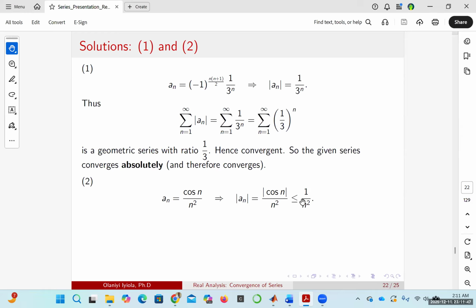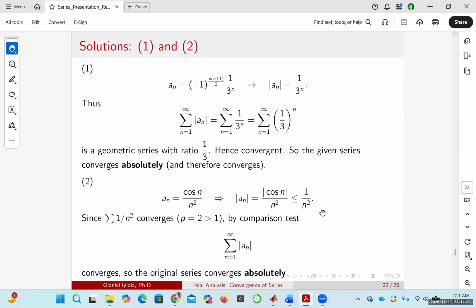So the entire term here is less than or equal to 1 over n squared. And so we know that if I take the sum of 1 over n squared, that series converges because of the p-series. p is 2 here, which is bigger than 1.